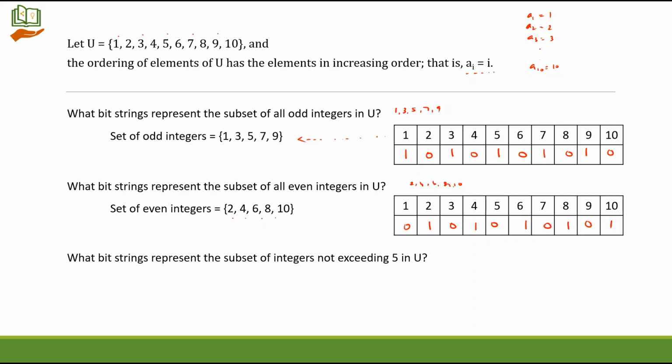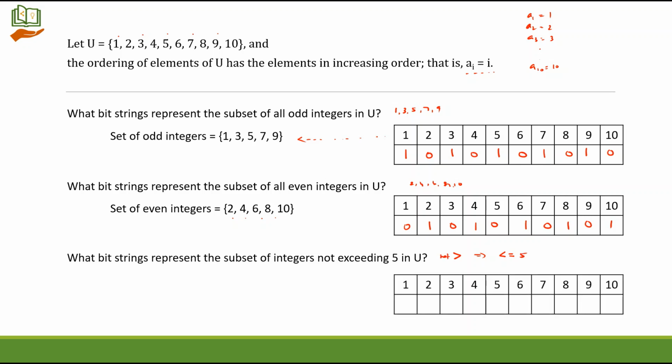What bit strings represent the subset of integers not exceeding 5? It means it should not be greater than 5, so it should be less than or equal to 5. Let's take the universal set bit string. Less than or equal to 5 means 1, 2, 3, 4, 5. Not more than that, so we will have 0 in the other places. Now what is the set here? 1, 2, 3, 4, 5.